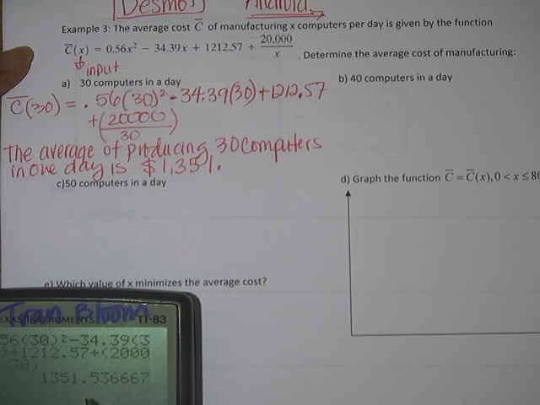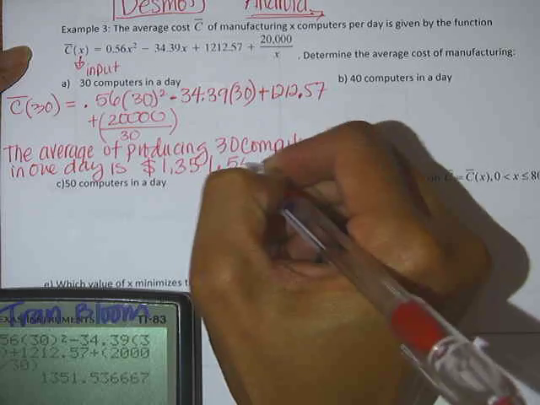I'm rounding this to 54 cents. The reason this is 4 is because this digit right here is 5 or more, so it turns this number to 4, so 54 cents.